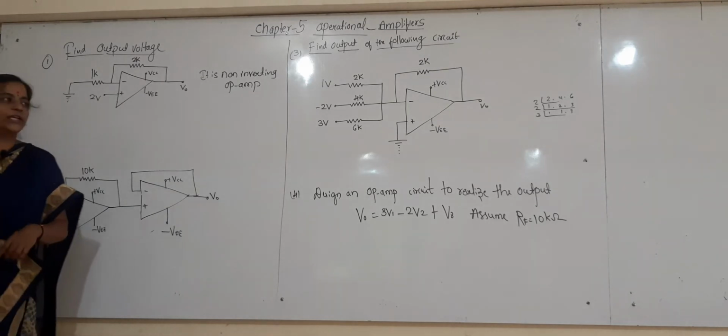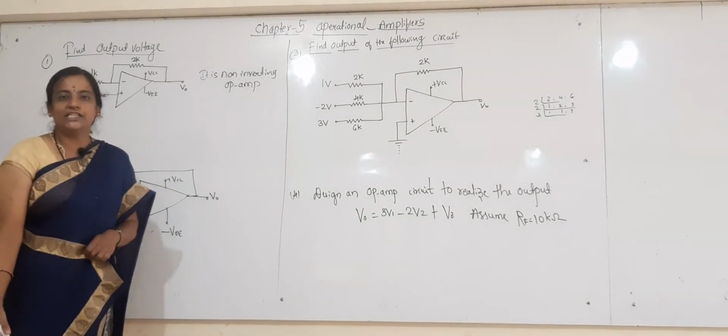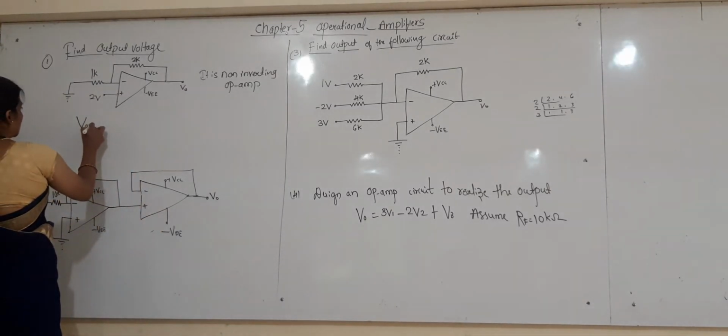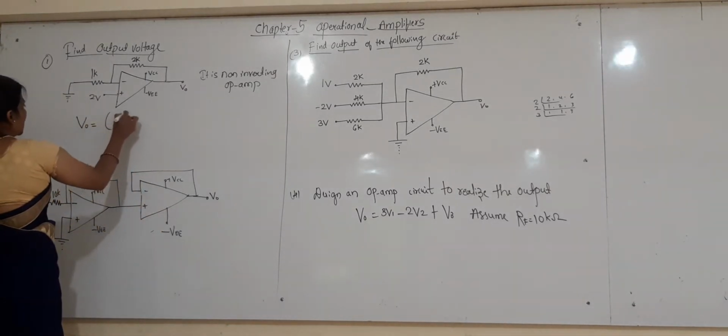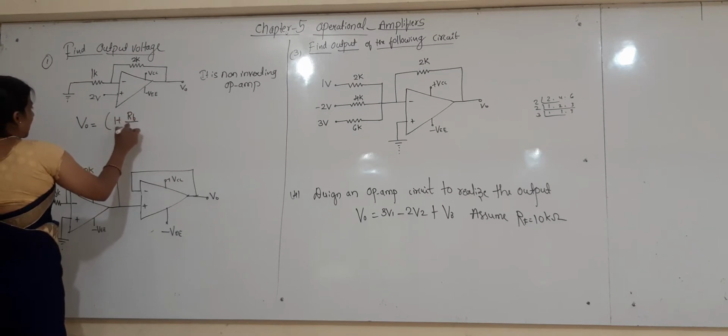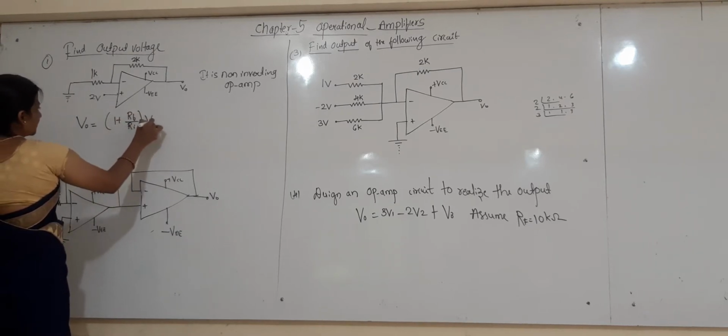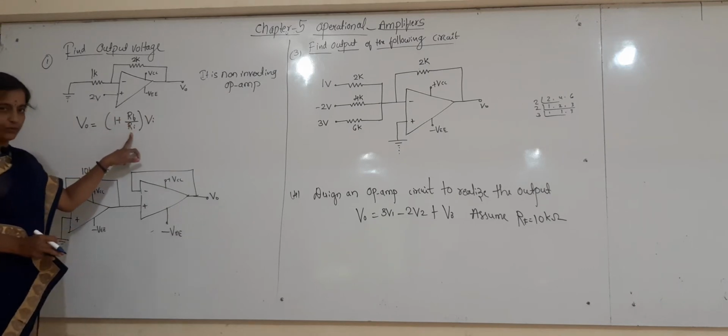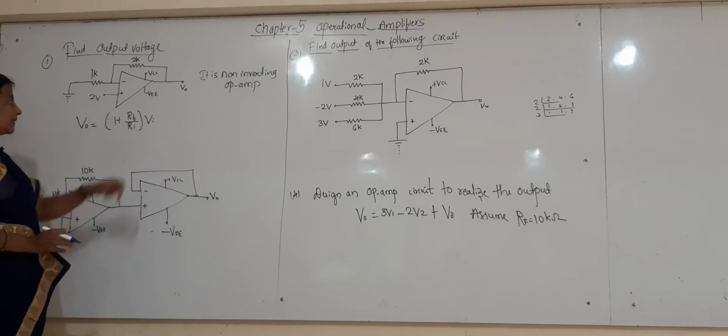For a non-inverting op amp, the output voltage equation is written as V0 is equal to (1 plus Rf divided by Ri) into Vi, that is, 1 plus feedback resistor divided by input resistor, into input supply voltage.